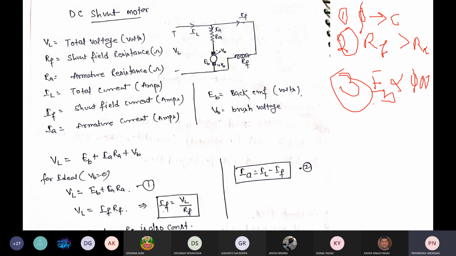So this is the relation: first, flux constant; second, RF much greater than RA; and EB proportional to phi into speed.